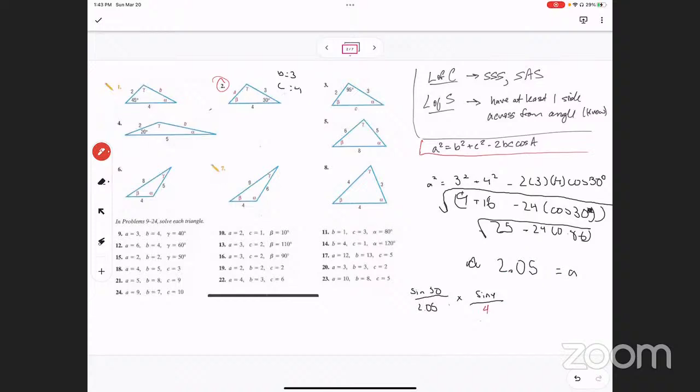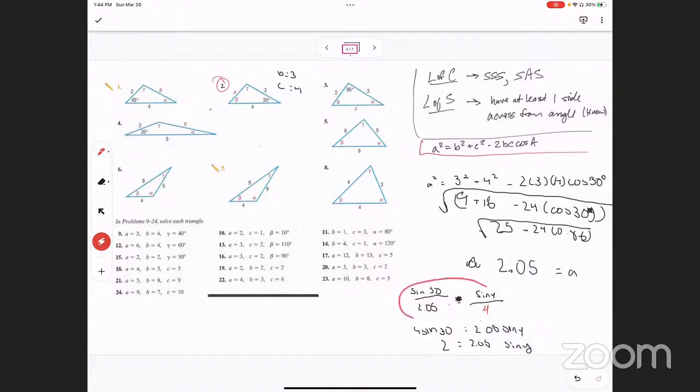Yeah, that's what I was trying to write. Are you sure about this sign? Yeah, I'm going to try equal. Perfect. Good. So 4 times sine 30, so this is 2 equals 2.05 sine y.